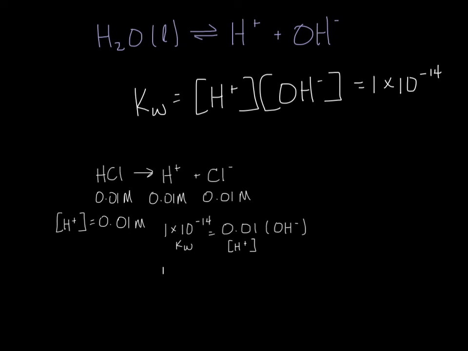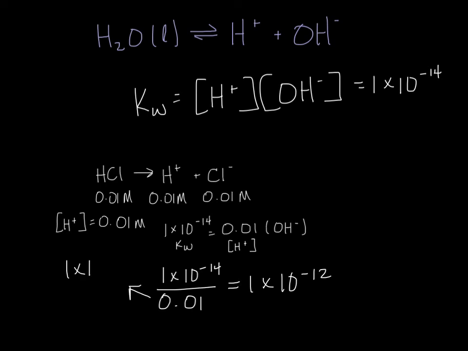So now all I have to do is 1 times 10 to the negative 14 divided by 0.01. If I plug that into my calculator, I get 1 times 10 to the negative 12. Another way of writing this is 1 times 10 to the negative 2, and 14 minus 2 equals 12.